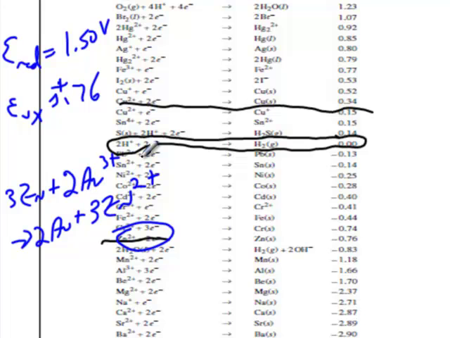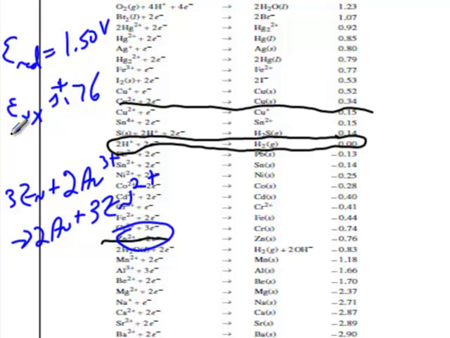And there's going to be 6 electrons being transferred here. The 2 from the zinc times 3 moles of zinc. The 3 from the gold times 2 moles of gold. 6 electrons being transferred.